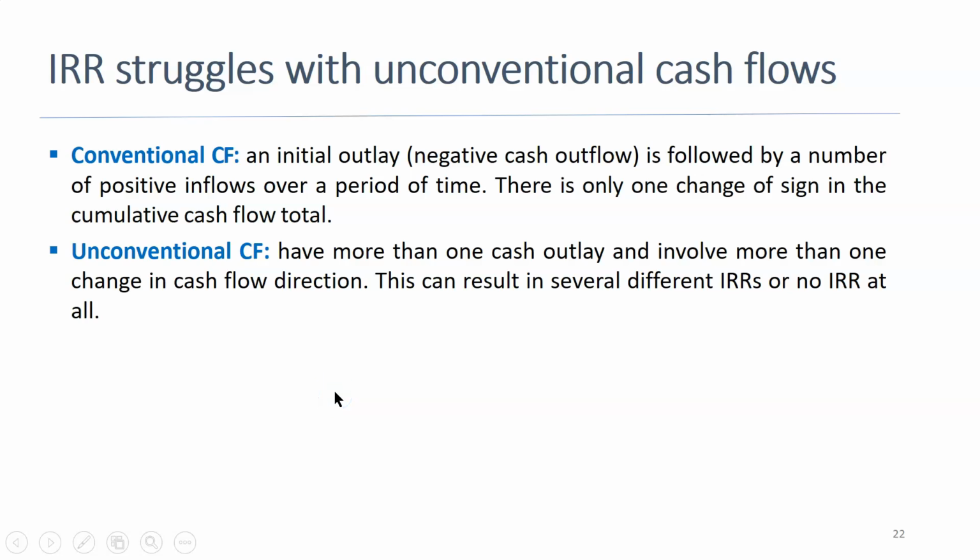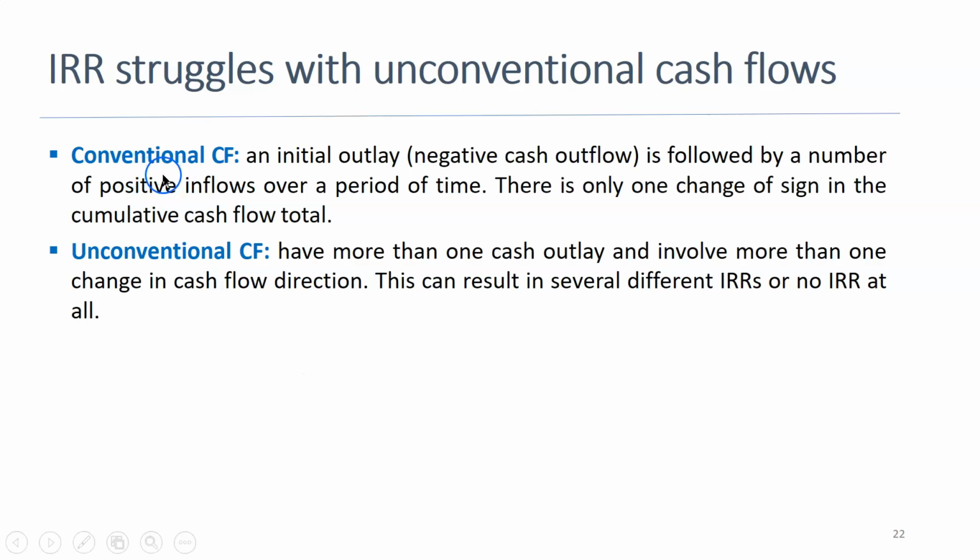Next, I've also mentioned that the internal rate of return metric struggles with unconventional cash flows. It finds it difficult to analyze cases when the cash flow stream is not traditional. What do we mean by conventional and unconventional cash flows?